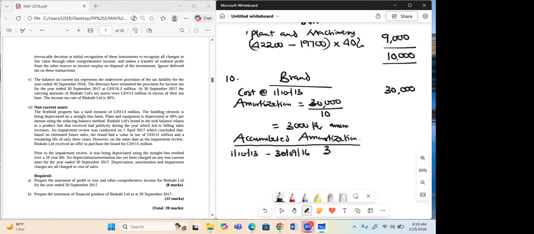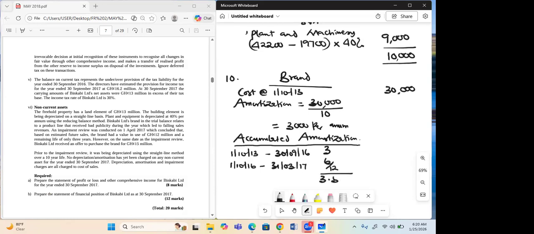Then 1st October 2016 to October, November, December, January, February, March, to 31st March 2017. This will be a period of 6 months. Is that clear? So this will give us 3.5 years.